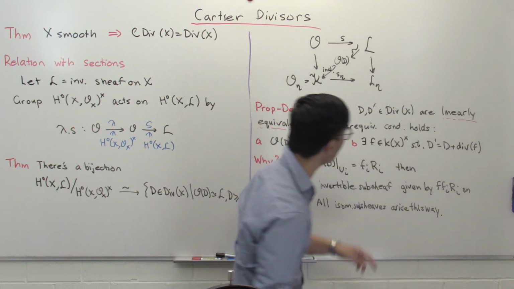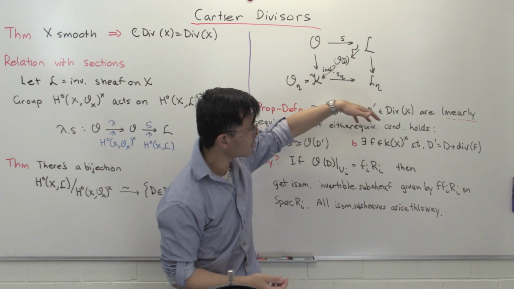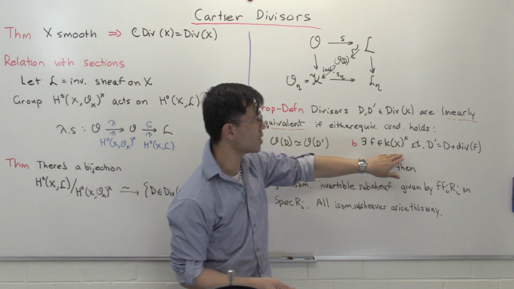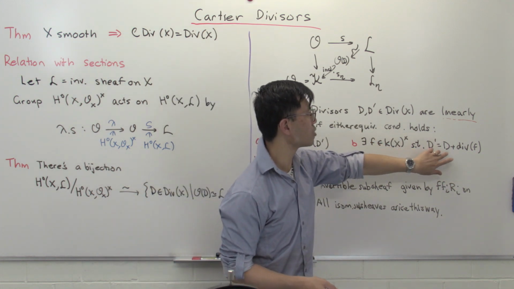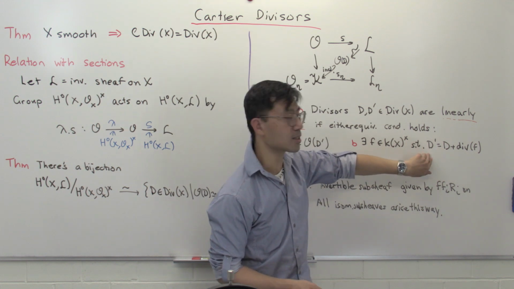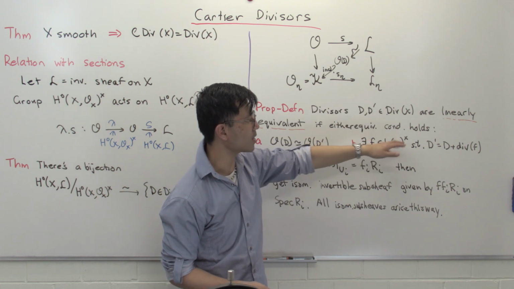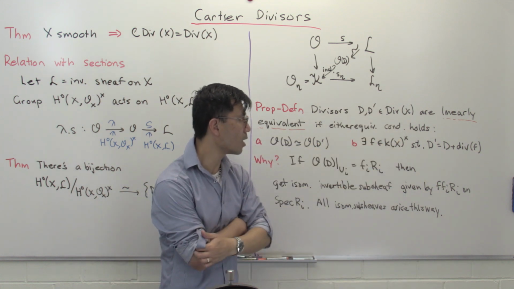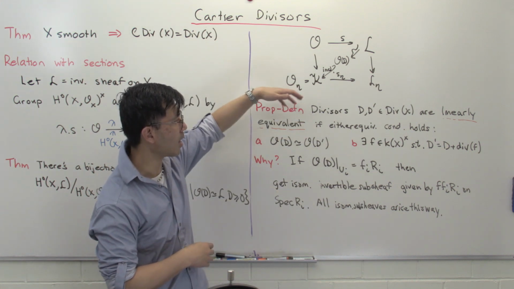You don't have to have Cartier divisors there. And the other thing is the more traditional definition: if you look at D and D prime, these two divisors, and you look at their difference, that's going to be the divisor of some f, where this f is a rational function. Let me just do the equivalence, at least in the case where this is a Cartier divisor.